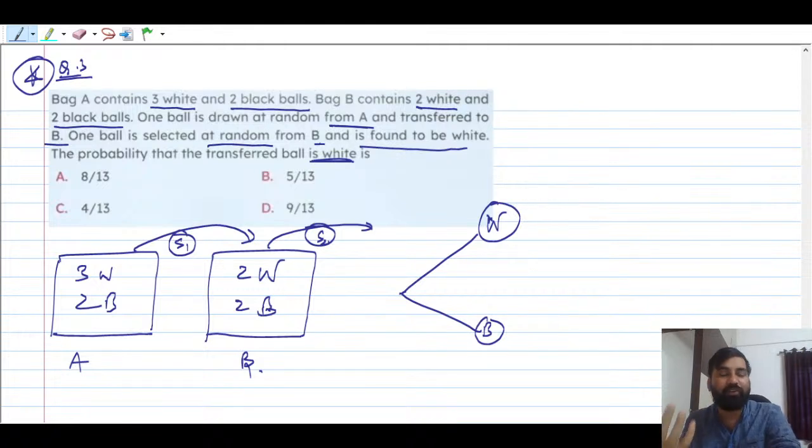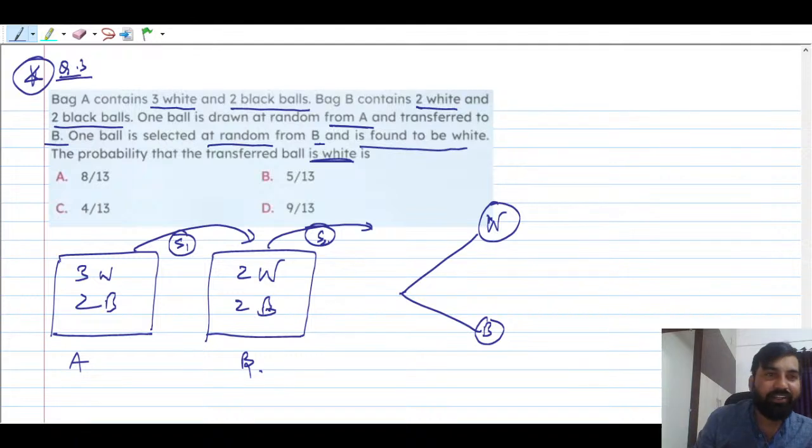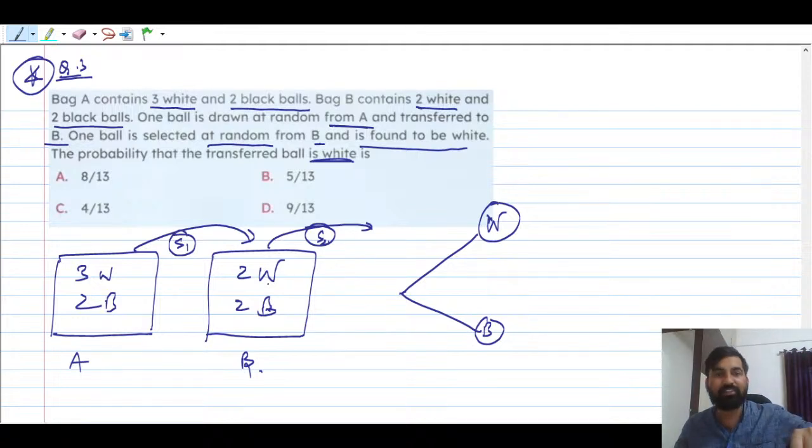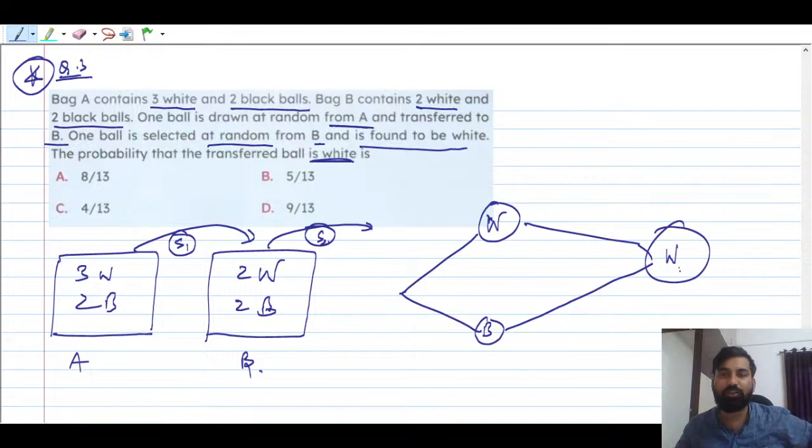What is the probability of picking up white, and what is the probability of picking up black? That you have to decide. After picking up white or black and keeping it inside bag B, you select from B, and you found that this ball is white.